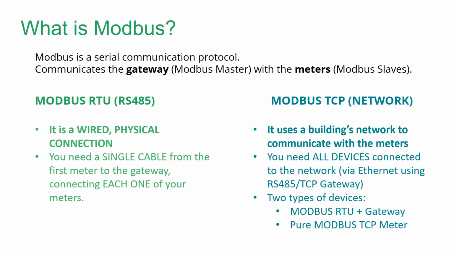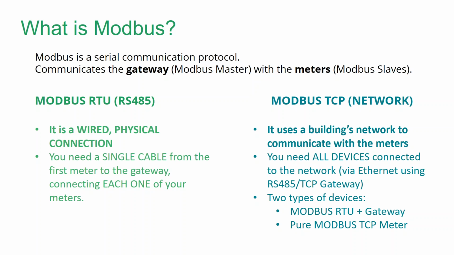This is how the Modbus can be found. That is Modbus RTU, that is on a physical wire that has to be passed over all the meters, and Modbus TCP, that is more or less the same but uses the existing building network to communicate all these devices.